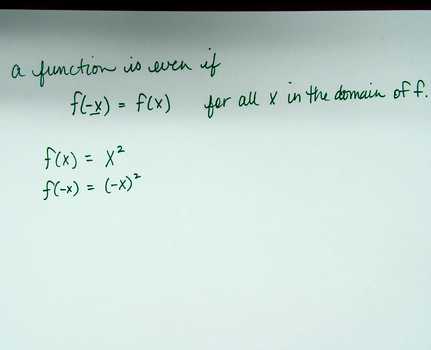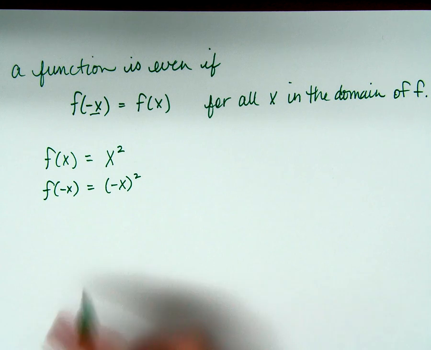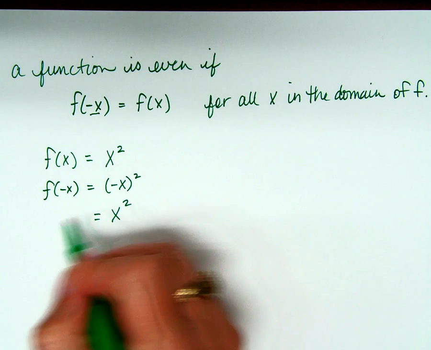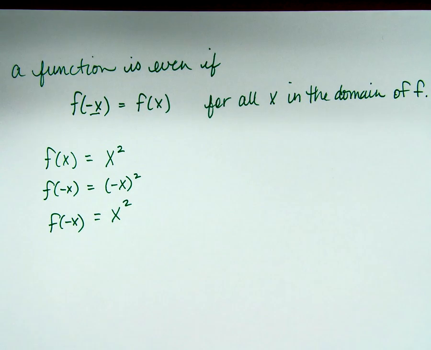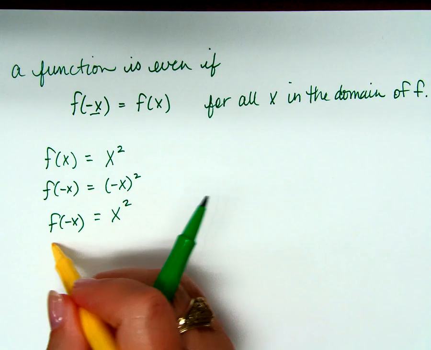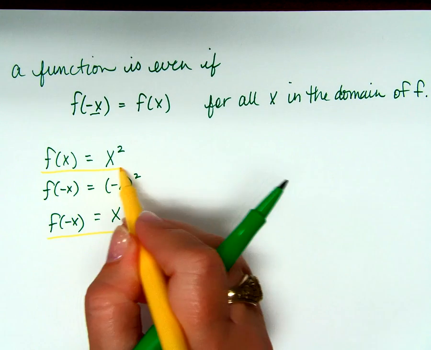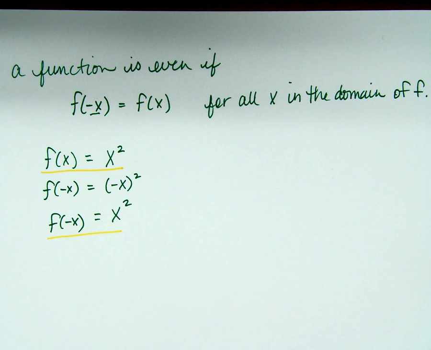Well, what is negative x squared? Isn't that x squared? So f of negative x equals x squared. That's simplified from the original when we substituted it originally. So if these two are equal, then it is an even function. Does that make sense? Okay.